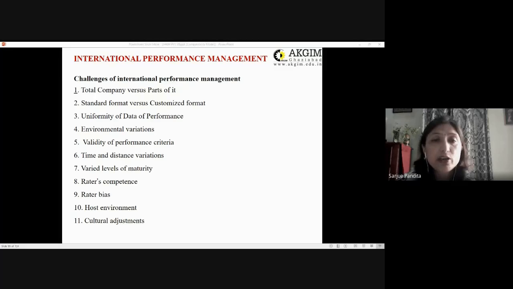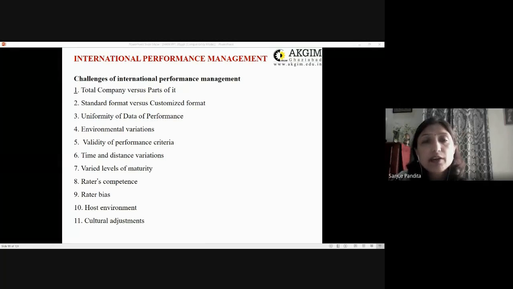Then uniformity of data of performance. What does uniformity of data of performance mean? It means that the subsidiaries not only work in different environments, but also carry out different kinds of business, including maybe manufacturing, trading, dealing in services. Therefore, providing uniform data for appraisal won't be feasible.